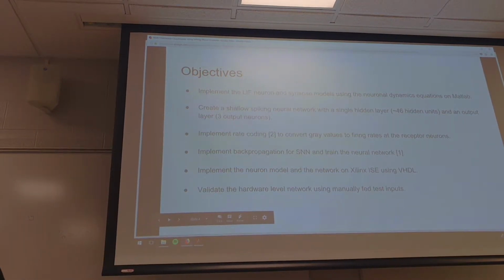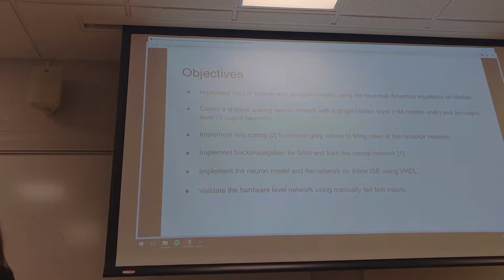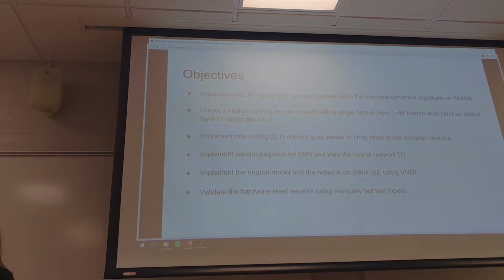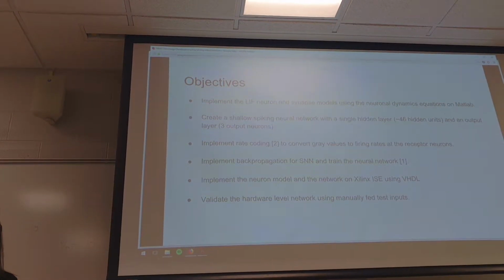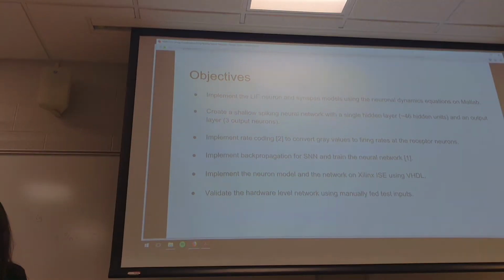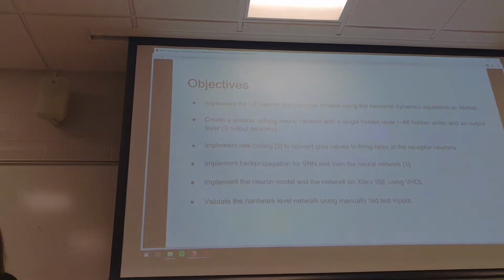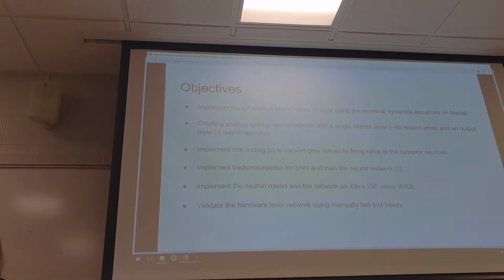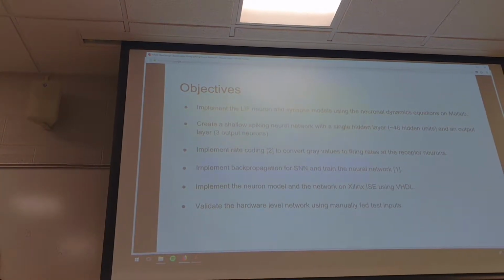These are our objectives. We'll be implementing the LIF neuron and synapse models to update the weights, initially on MATLAB, and we will do that to obtain the parameters of the model. We'll be also using the MNIST dataset, which contains 28 by 28 images.